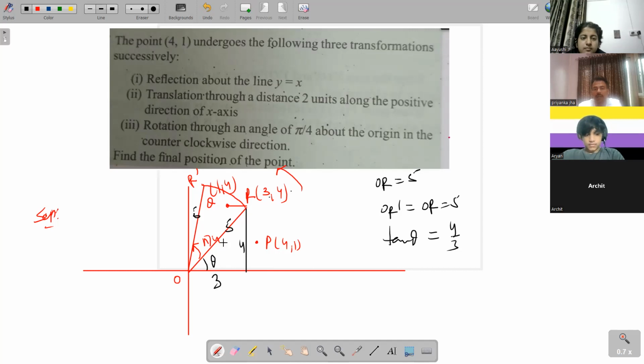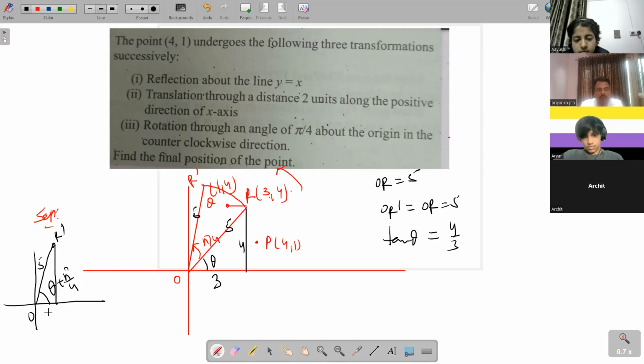Right. Now, see, I'm just drawing a different diagram. You know that this is OR dash, and this length is 5. This angle is 45 and this angle is theta, so this complete angle would be theta plus pi by 4. Now you have to find the coordinate of this point. Just drop a perpendicular.